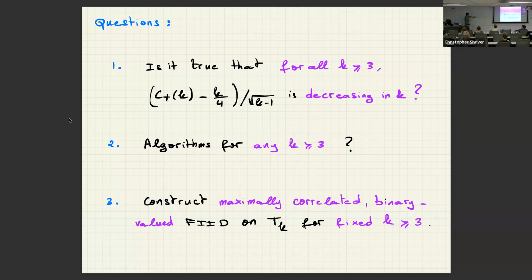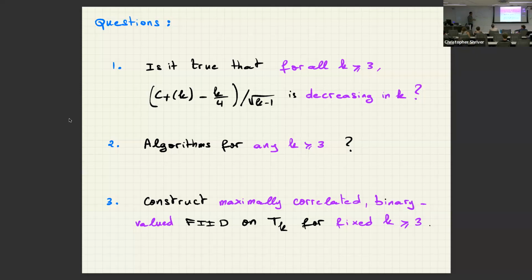It means that the worst case scenario happens when K is large, which means that for K equals 3, the value of maximum cut is way larger than P star. So one question: for K equals 3, can you give me an algorithm or just show that the maximum cut value is larger than P star when you rescale it like that? So that's one question that could perhaps be approachable.